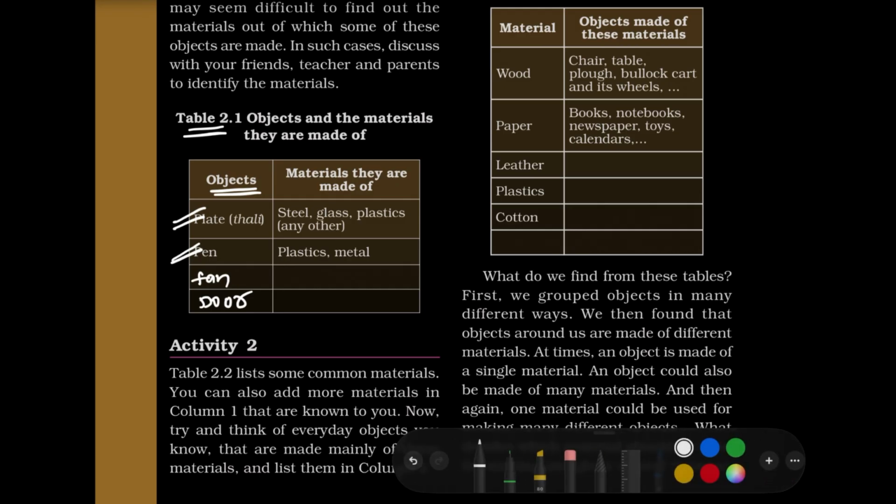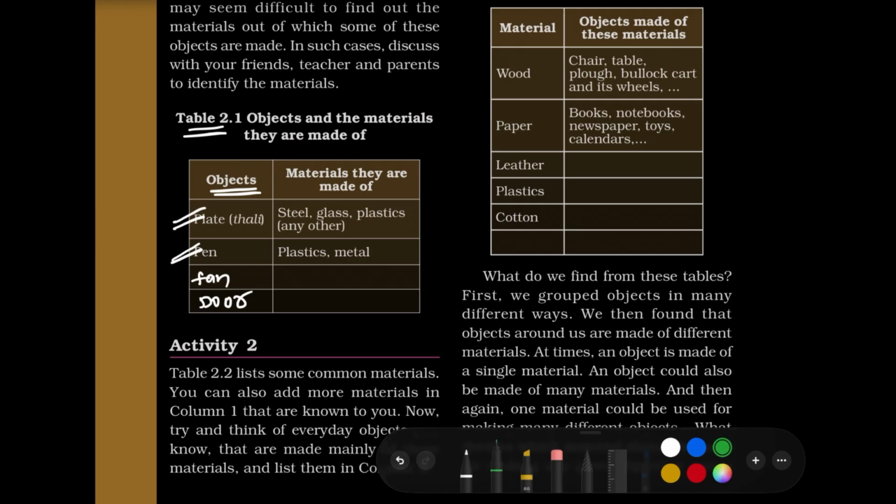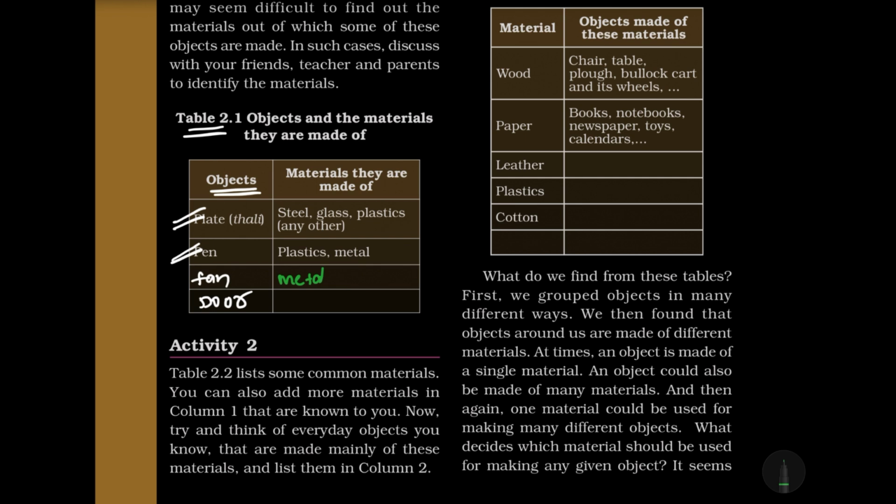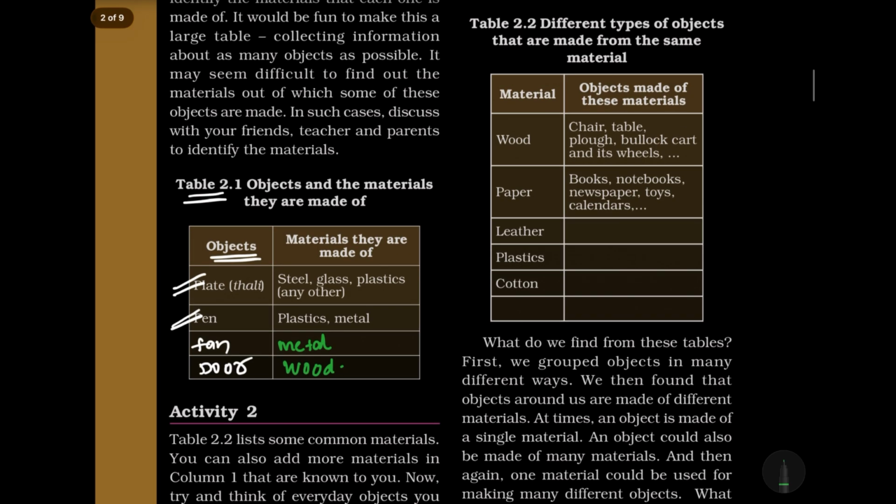After this we have a fan. What is this fan made up of? Metal. Yes, look at the fan above your roof; it is made up of metal. And the door is made up of wood. These are some examples that you should note in your notes.